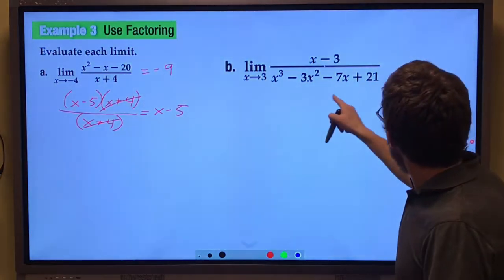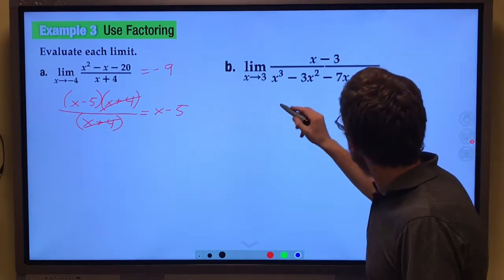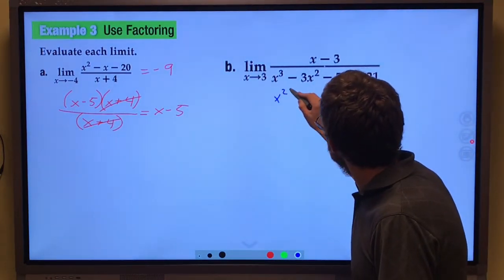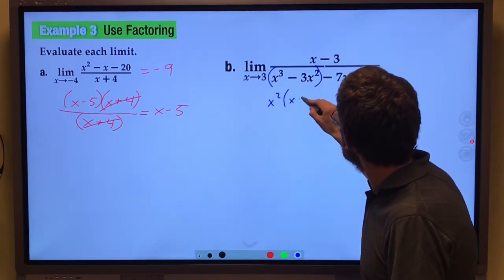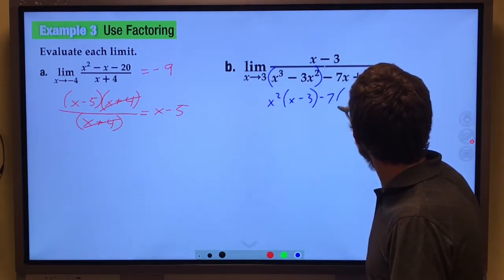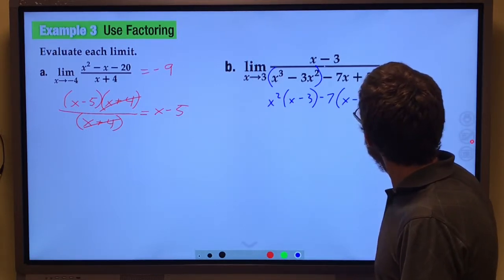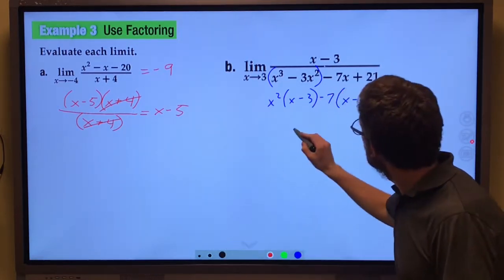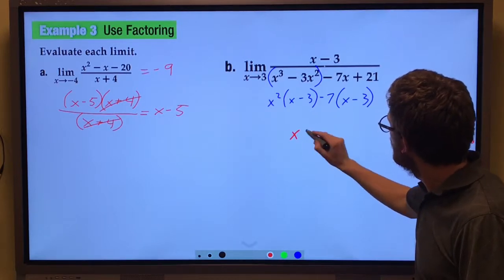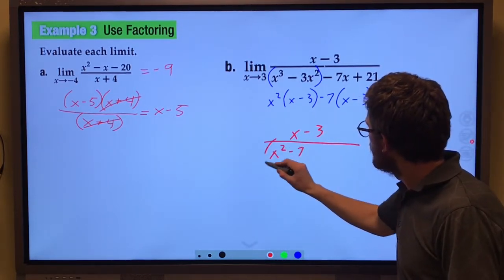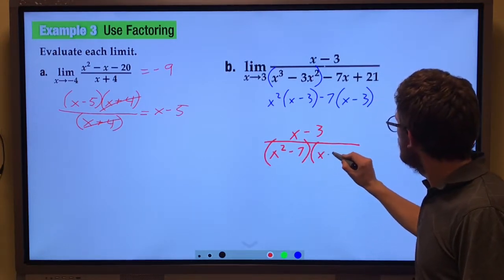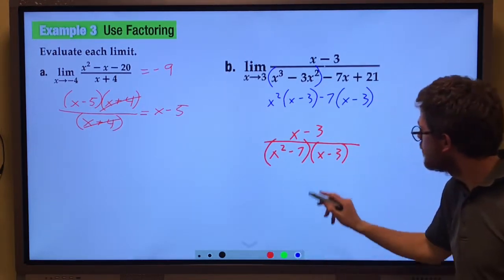Okay. So it looks here that I can factor by grouping. So this whole problem is really x minus 3 over x squared minus 7 times x minus 3.